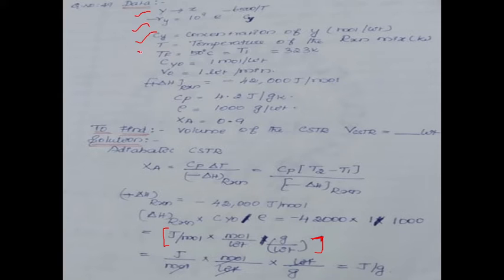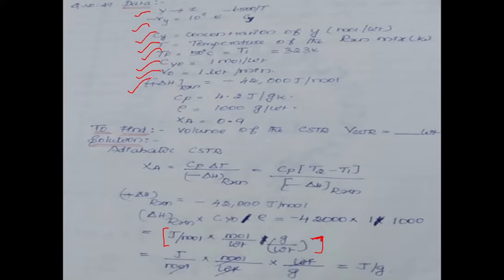T is the temperature of the reaction mixture in Kelvin. Feed temperature is given 50 degrees Celsius. So this is denoted as T1, that is equal to 323 Kelvin. Initial concentration Cy0 1 mole per liter. Volumetric flow rate V0 is equal to 1 liter per minute.